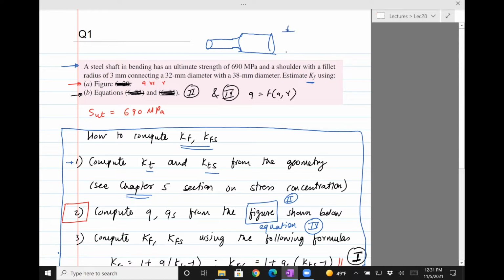And so this is 38. This is 32. And this radius is 3 mm.